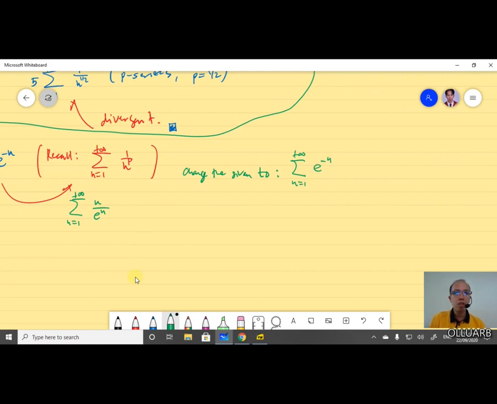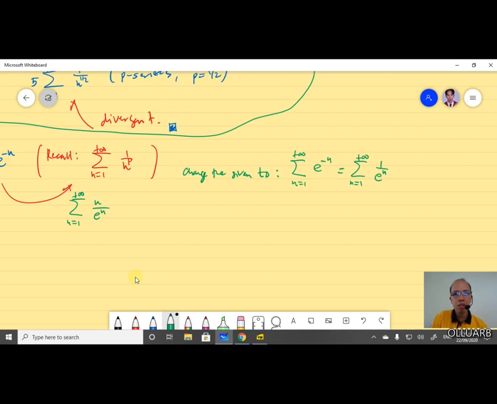Why? Because you can simplify this given as the summation of 1 over e to the n. Can I really? No, you cannot use it again, because notice that our p here is fixed, but our p here is not fixed.